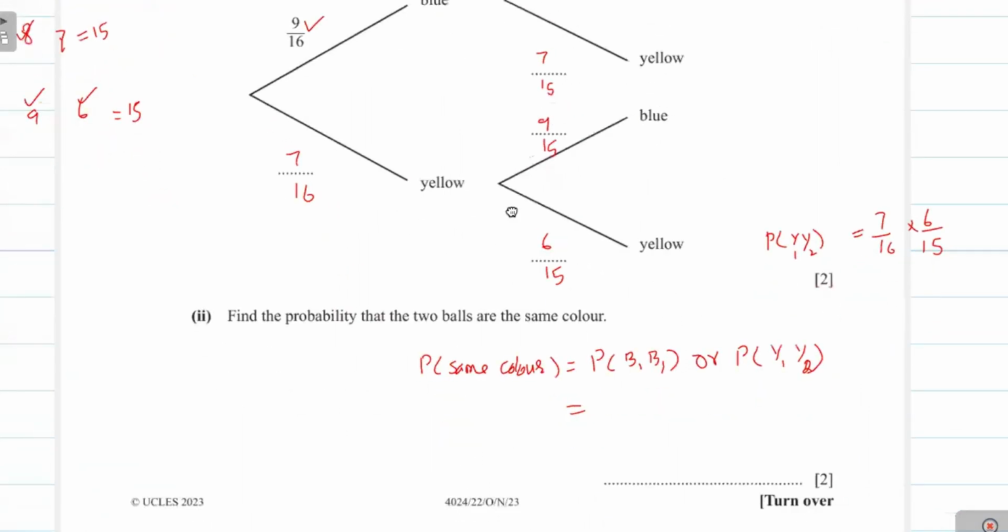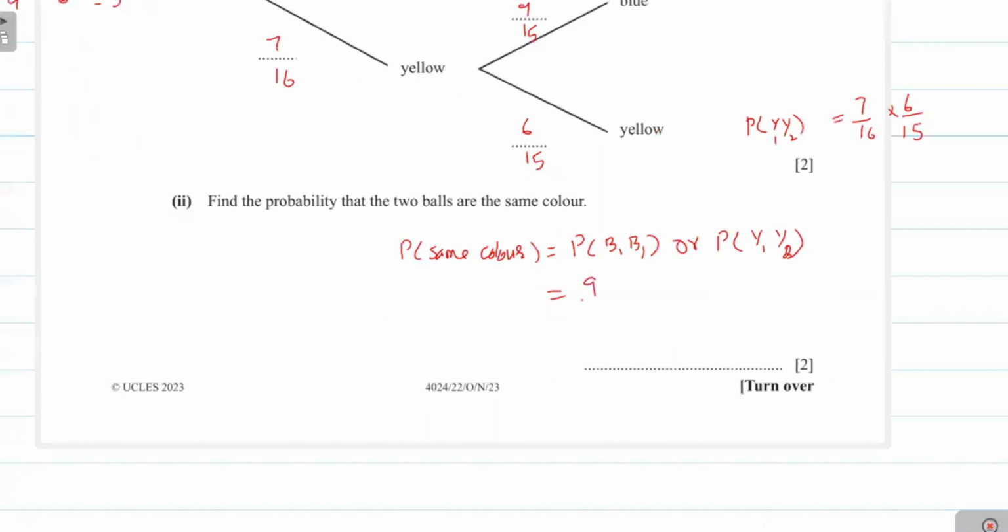Now we write here 9 over 16 multiplied by 8 over 15 plus 7 over 16 multiplied by 6 over 15. Now 8 times 2 is 16, 3 times 3 is 9, 3 times 5 is 15. Therefore, we can write it as 3 over 10 plus, next, 2 times 3 is 6, 2 times 8 is 16, 3 times 1 is 3, 3 times 5 is 15.